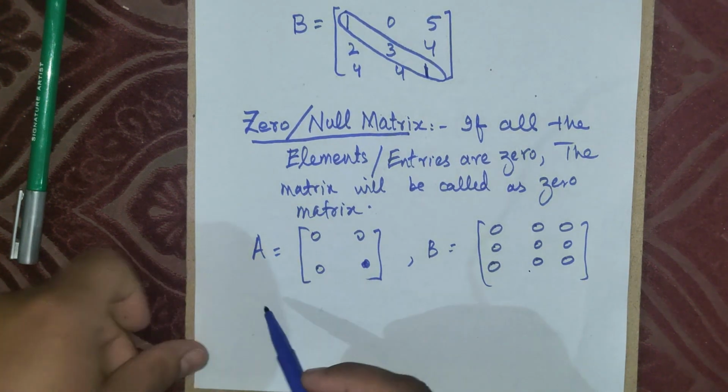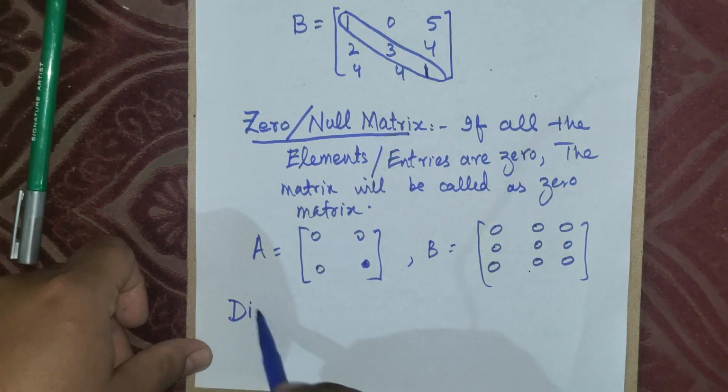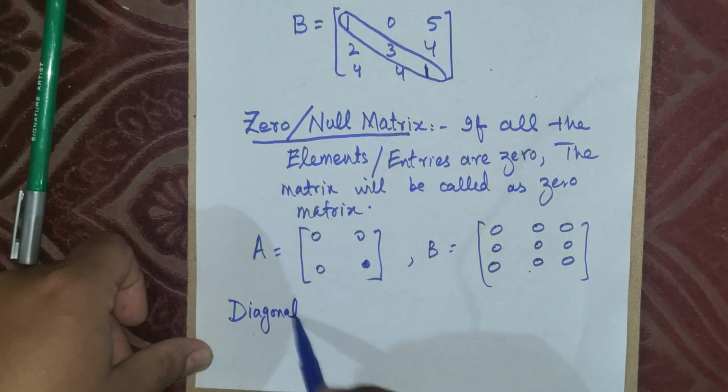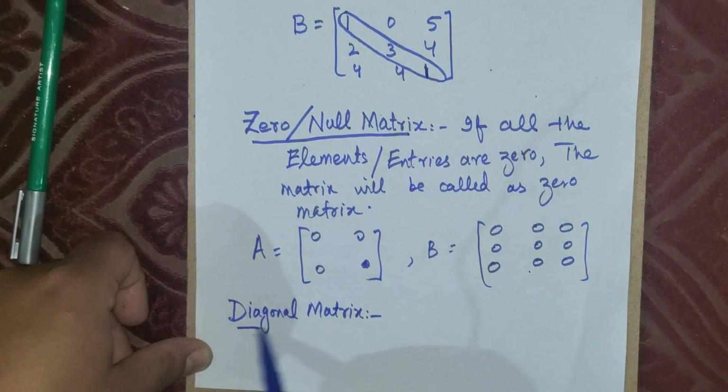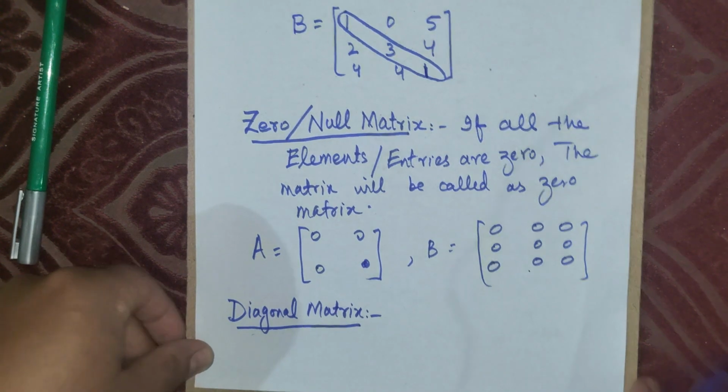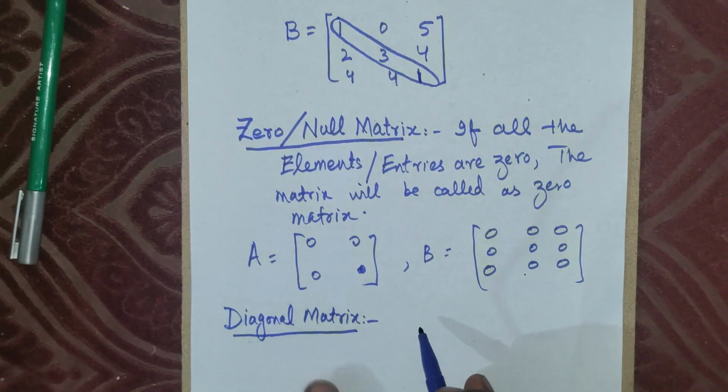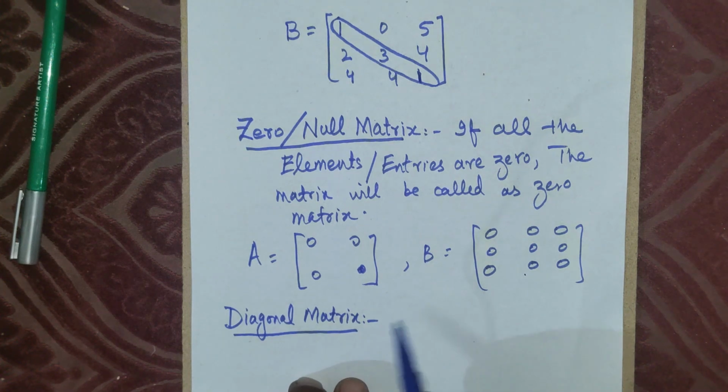One type of matrix is the diagonal matrix. A diagonal matrix is a matrix where all elements are 0 except at the principal diagonal.